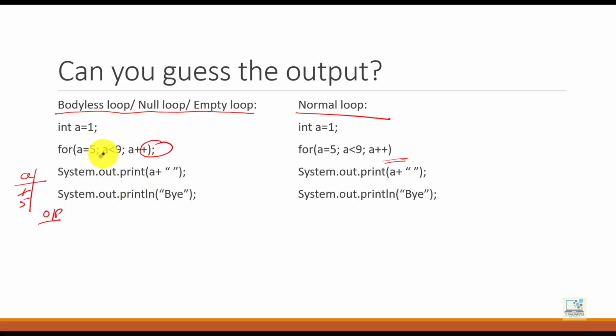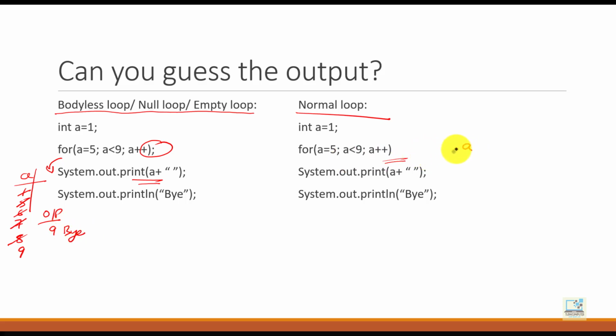That means after checking the condition 5 less than 9, it will directly go to A++ and then 5 will become 6. Again 6 less than 9, it will do A++, 6 will be 7. 7 less than 9, again A++, 7 will be 8. 8 less than 9, again A++, that is going to make A 9. 9 less than 9 false and then the loop will terminate. When the loop terminates, it will print the final value of A, which is 9 at that point. And then the next print, which is bye, will print and then the line will change.